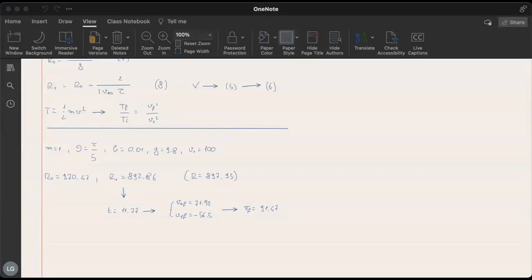So from here, I guess I can do another arrow. T final over T initial, or T0, is approximately equal to 0.83.